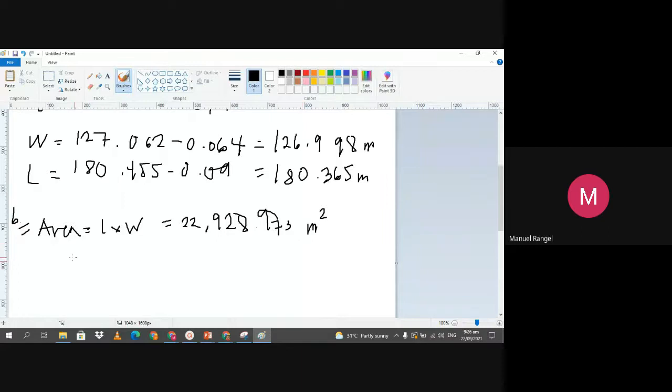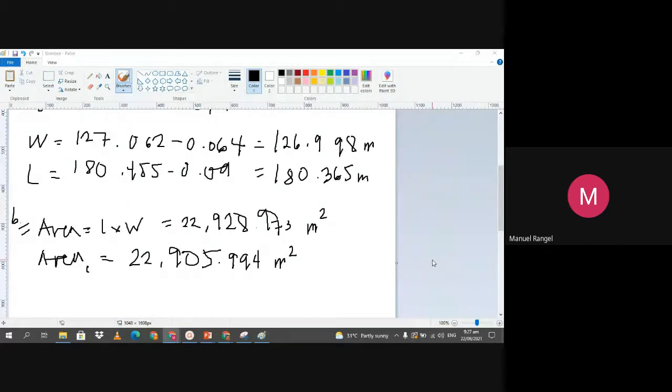Then the corrected area, using the corrected dimensions, is 126.998 times 180.365, which equals 22,905.994 square meters.